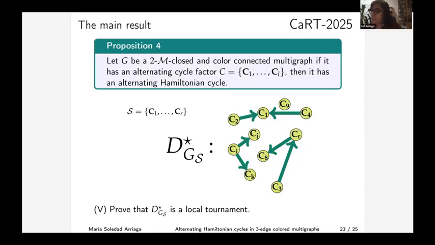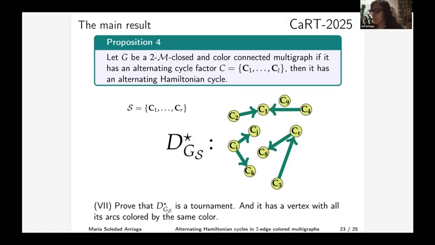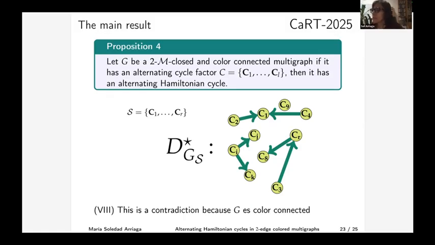And with this, prove that D star is a local tournament and a quasi-transitive digraph. And so D star is a tournament, but it has a vertex with all its arcs colored by the same color. But this is a contradiction with the fact that G is color connected.